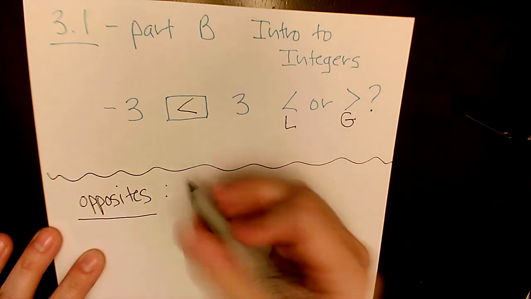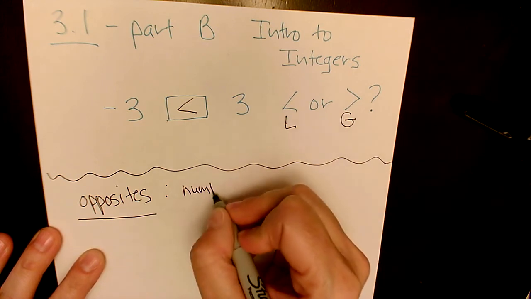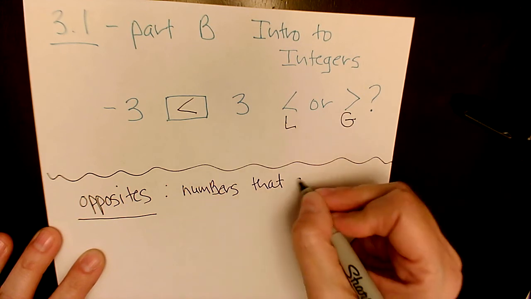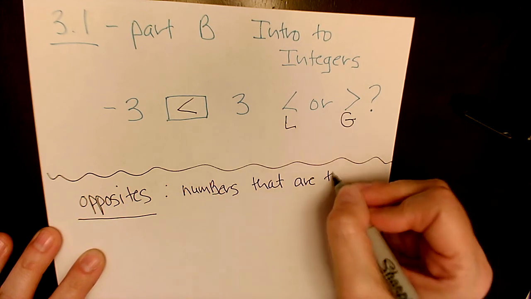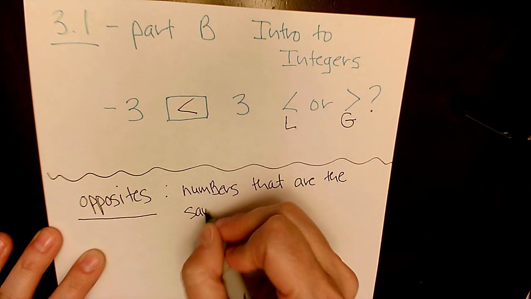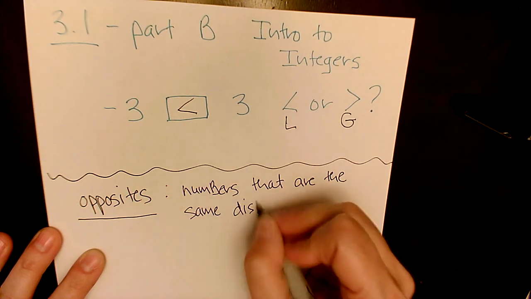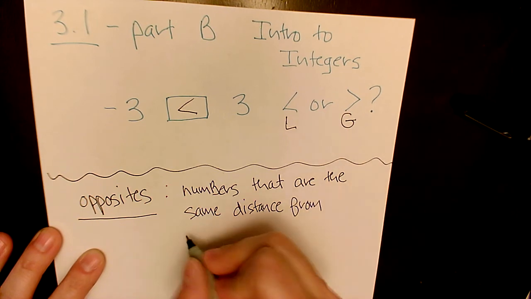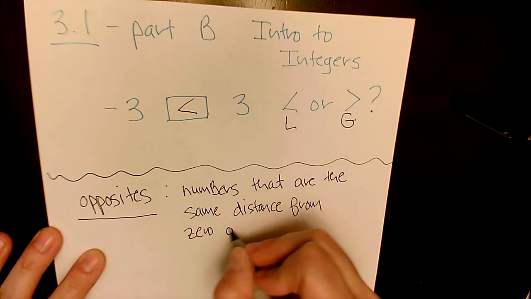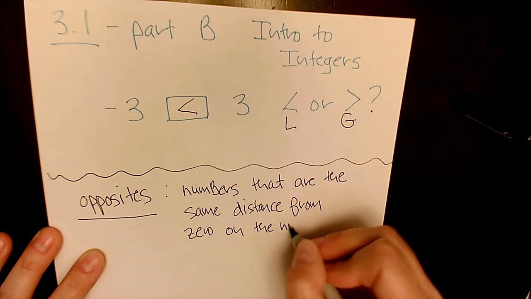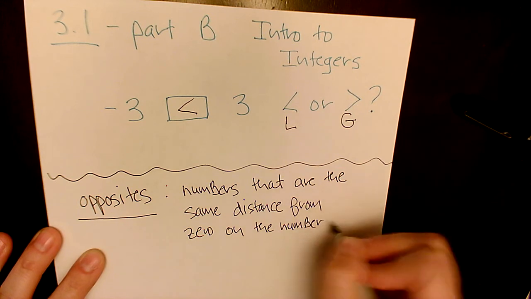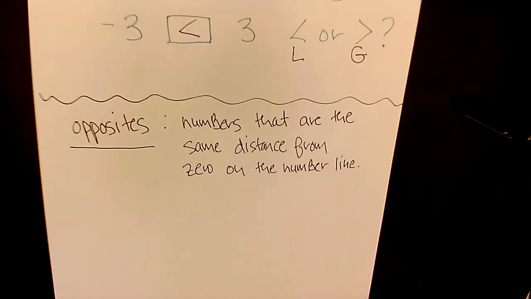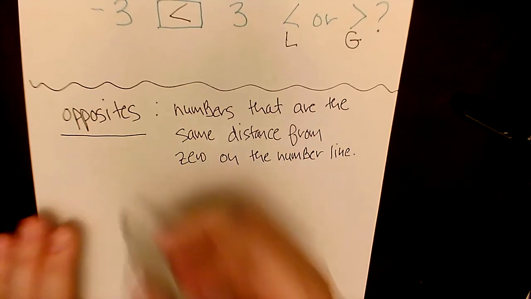Opposites are numbers that are the same distance from 0 on the number line.